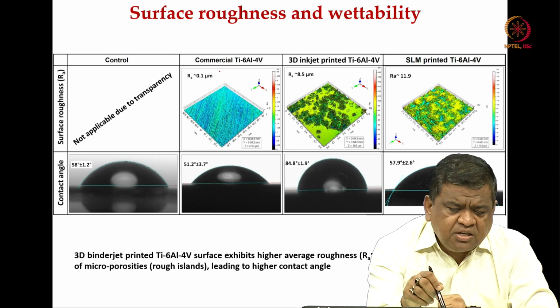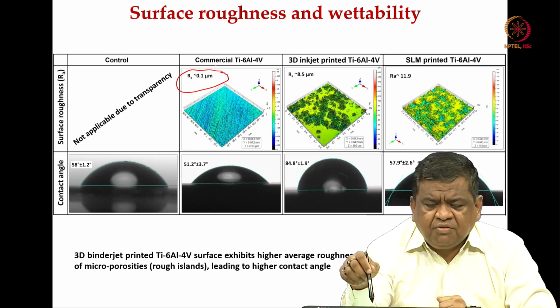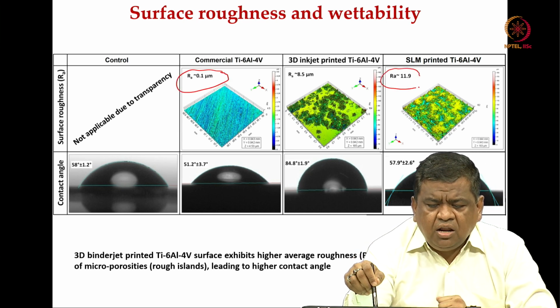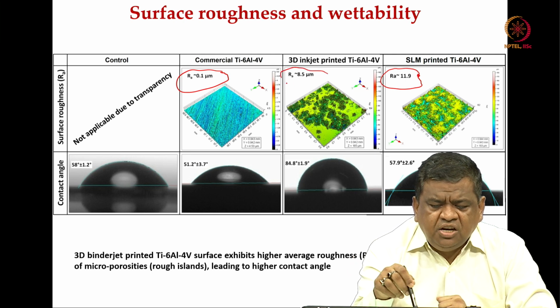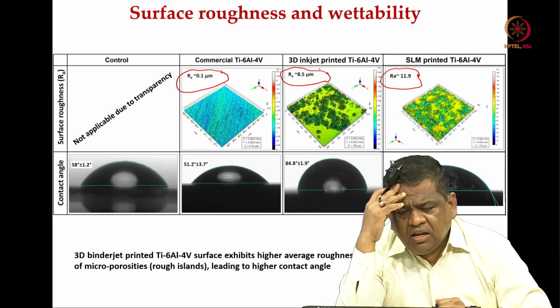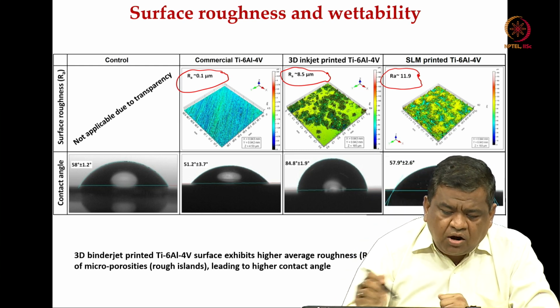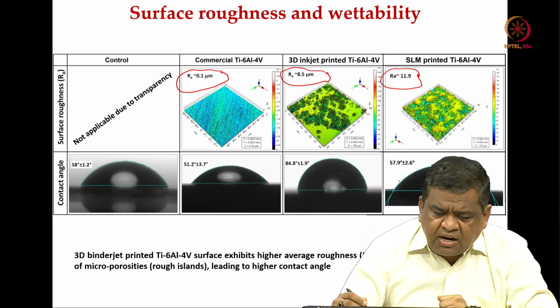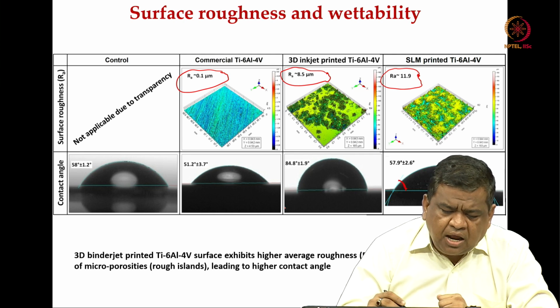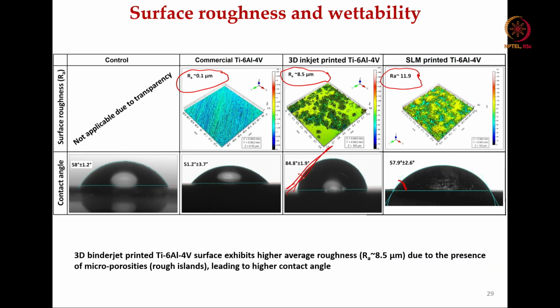In commercial Ti6Al4V the average surface roughness is 0.1 micron, whereas the SLM printed is 11.9 micron, and the 3D inkjet printed materials are about 8.5 micron. The contact angle in the SLM printed is around 60 degree, whereas in the 3D binder jet printed it is more towards the hydrophobic side, about 85 degree.